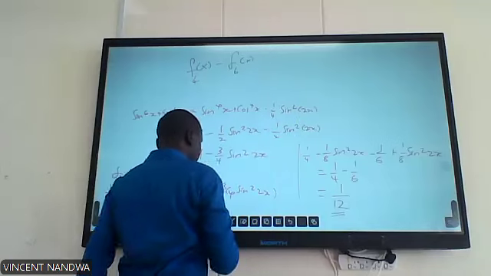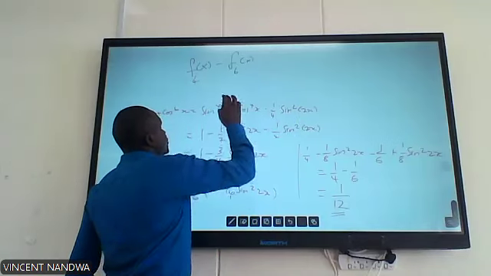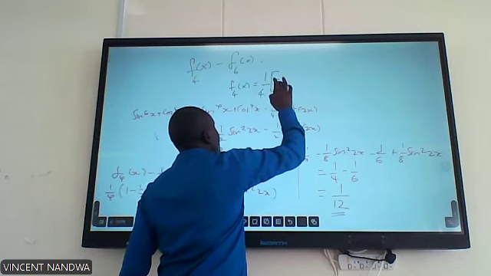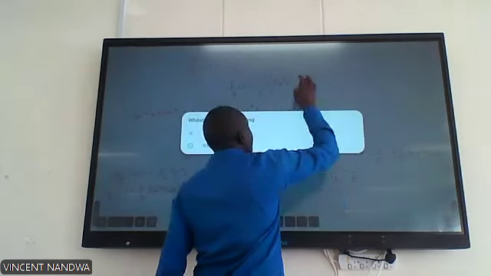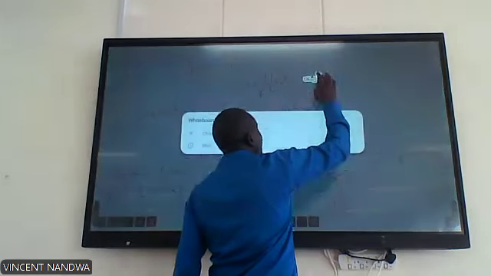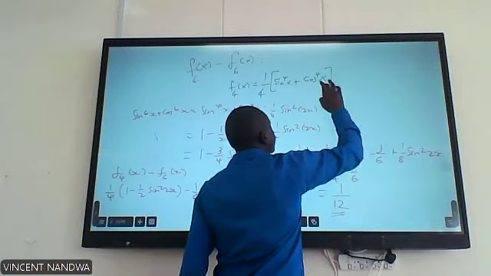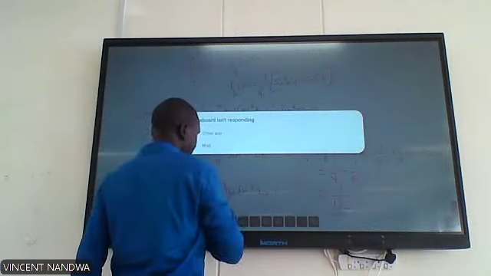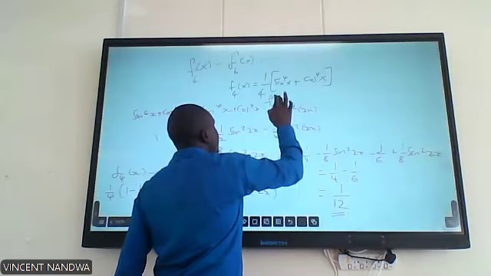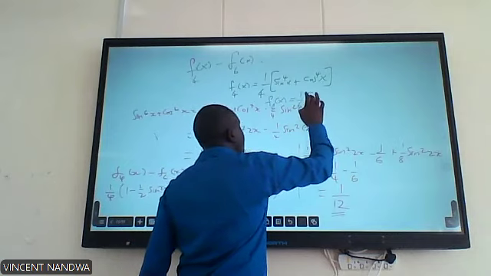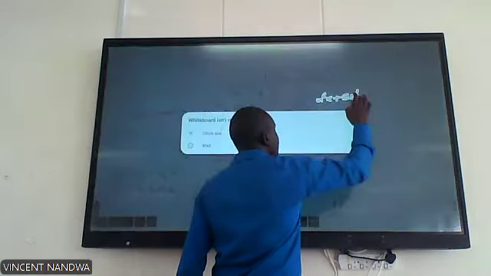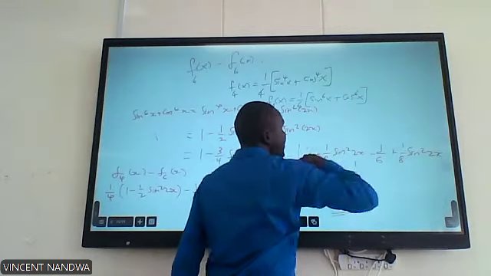So by definition, f4 is 1/4 into sine power 4x plus cos power 4x, and then f6 is 1/6 sine power 6x plus cos power 6x.